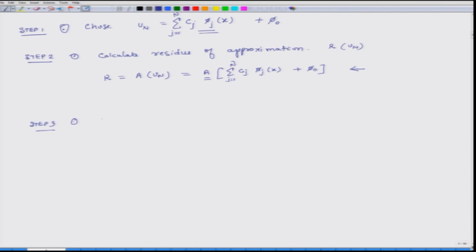Step 3 is that we equate the weighted integral of r to 0. So, the mathematical statement for this is I am going to integrate it over domain omega.